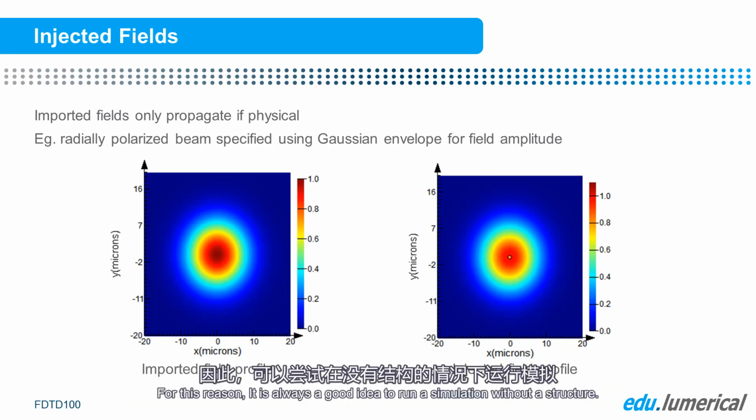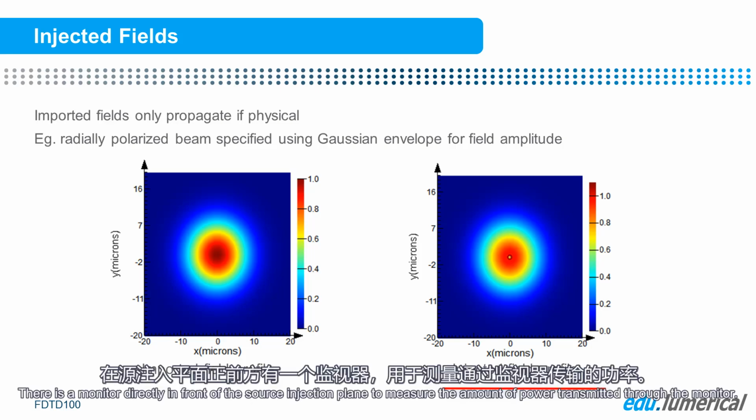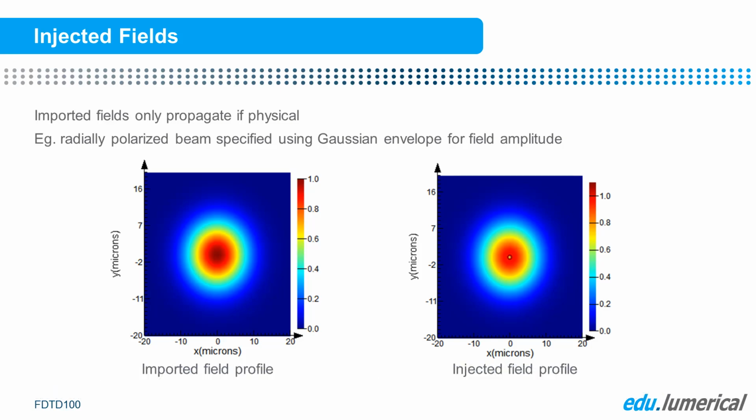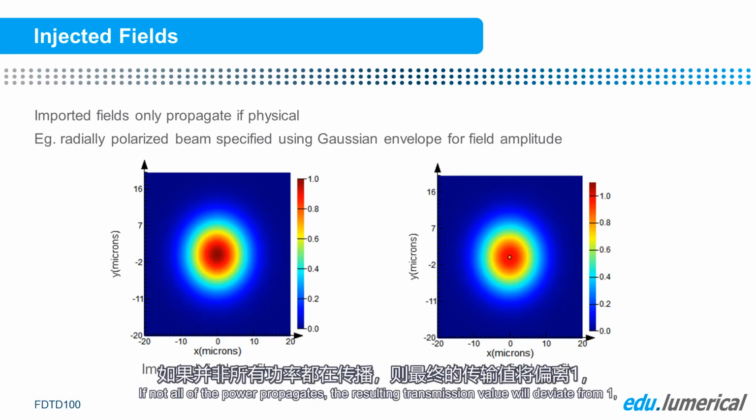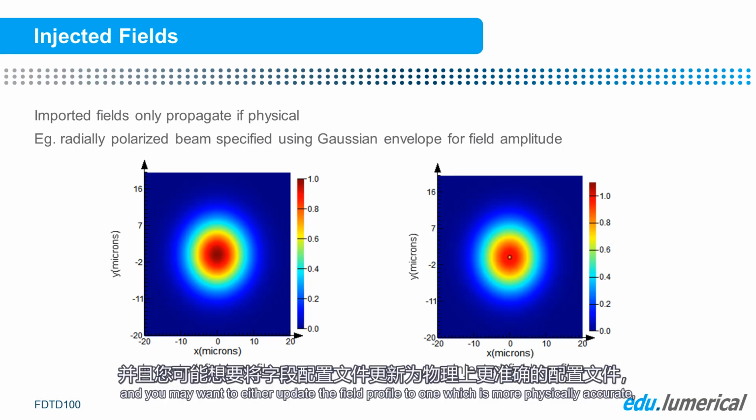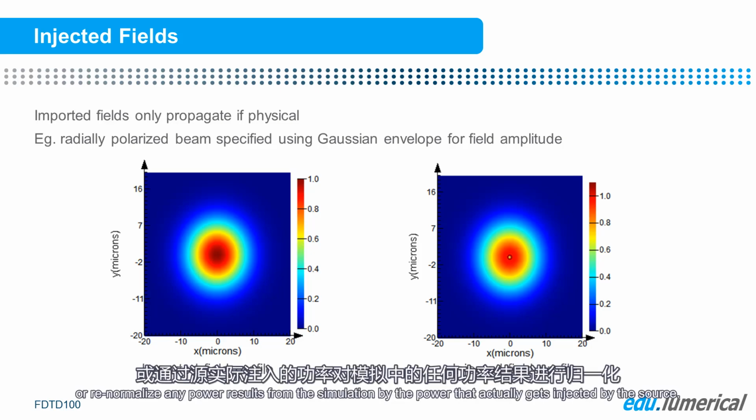For this reason, it's always a good idea to run a simulation with no structures, with a monitor directly in front of the source injection plane to measure the amount of power that propagates through the monitor. If not all of the power propagates, the resulting transmission value will deviate from 1, and you may want to either update the field profile to one which is more physically accurate, or renormalize any power results from the simulation by the power that actually gets injected by the source.